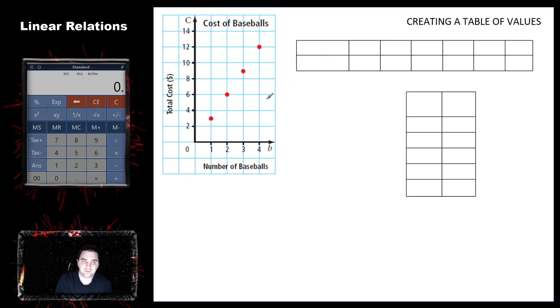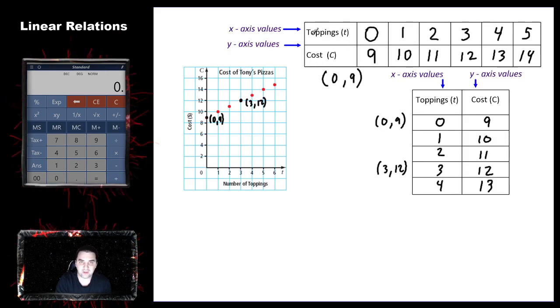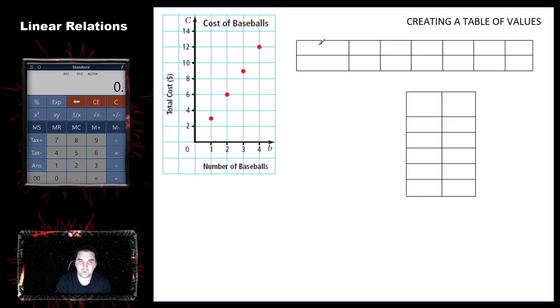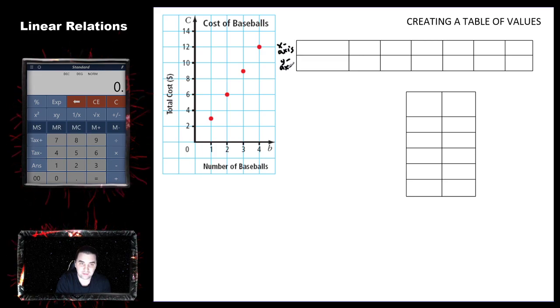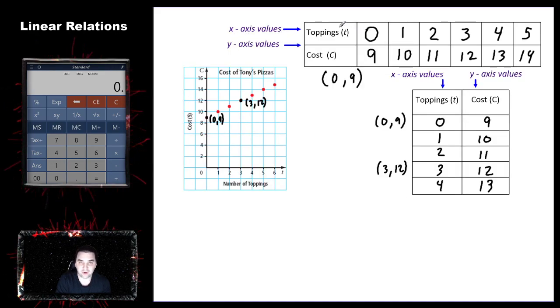So creating a table of values, let's look at the points here. And what we're going to do is set up our table of values in the same way. If we're doing the one on the top here, we have the x-axis and the y-axis. And for the x-axis, we can write what the values represent.